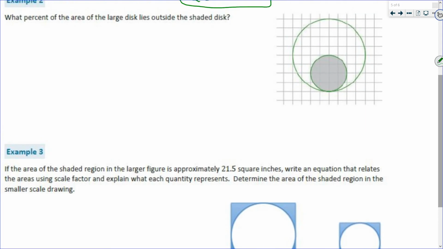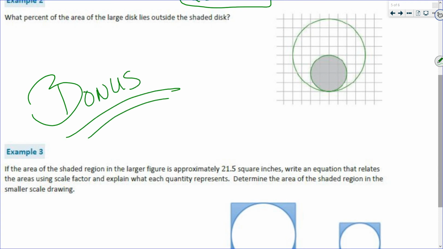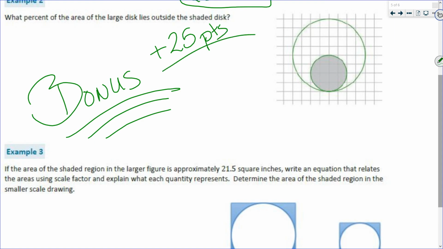Now, I would normally go through all these, but I want to see if some of y'all are actually paying attention. I will give you 25 bonus points if you can come up with the correct answer on this one. Just example 2. We're not going to worry about example 3.